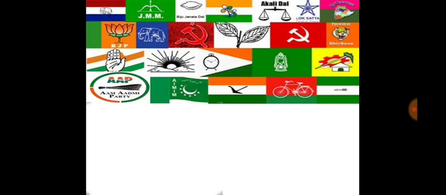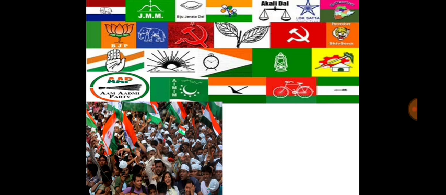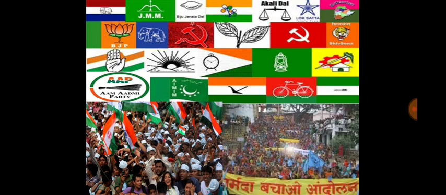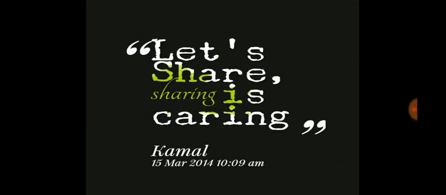Different political parties, through their policies, by raising their voices against government policies, like the Narmada Bachao Andolan and the Anna Andolan, are also involved. So all these are the stakeholders, and these are the ways by which they become part and parcel of our government policies, and we share our powers with them.